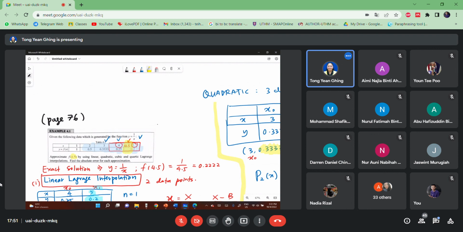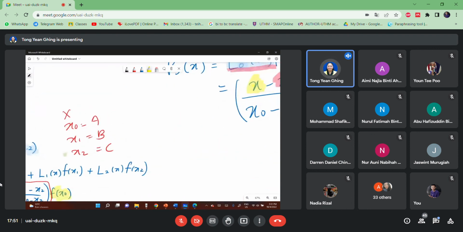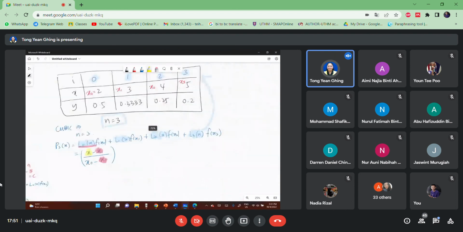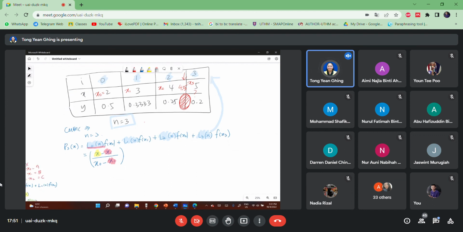We don't know. So now we have to do the interpolation in order to find the value of Y when X is 4.5. At this point, 4.5 here, what is this value? Okay, so now go to the weighting function just now.